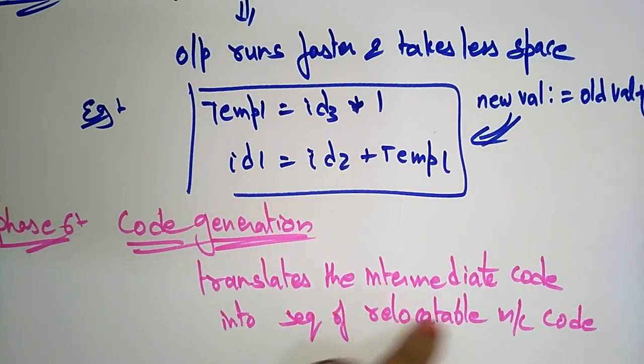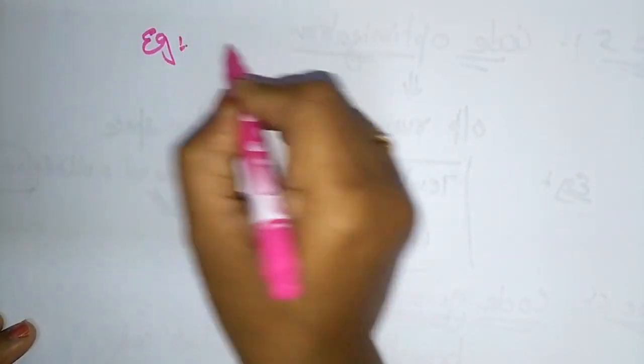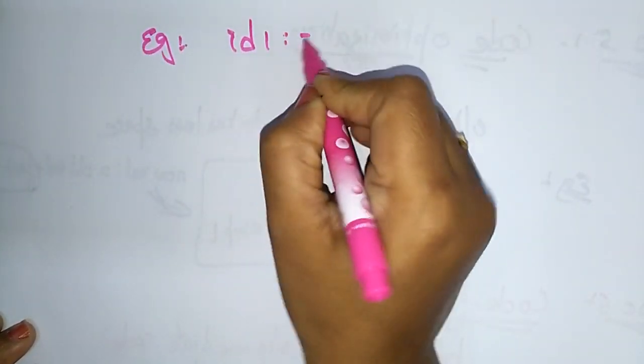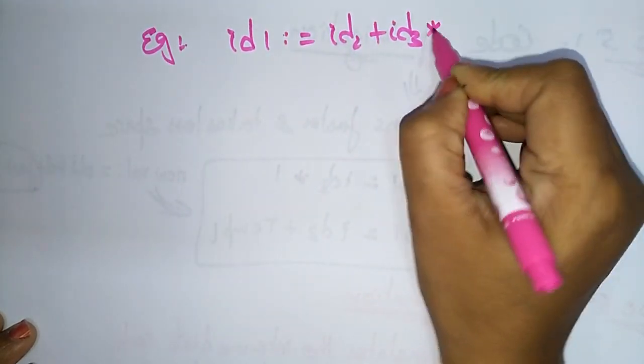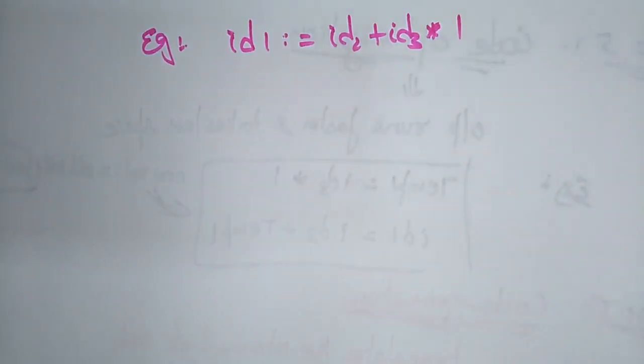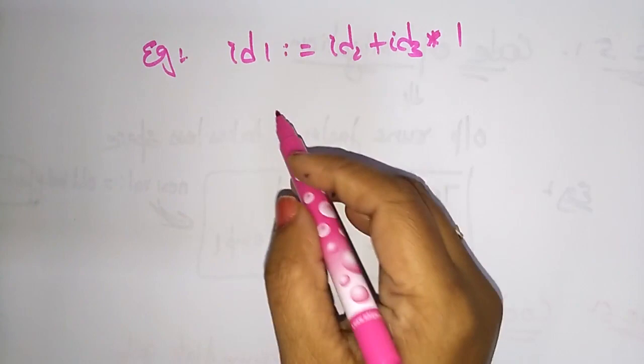Let's see the code generation example also. Just take the same example we have taken so far, ID1 is equal to ID2 plus ID3 into 1. How is it going to be converted into the final target code? The compiler produces the target code with the help of code generation at the final stage of the phases.